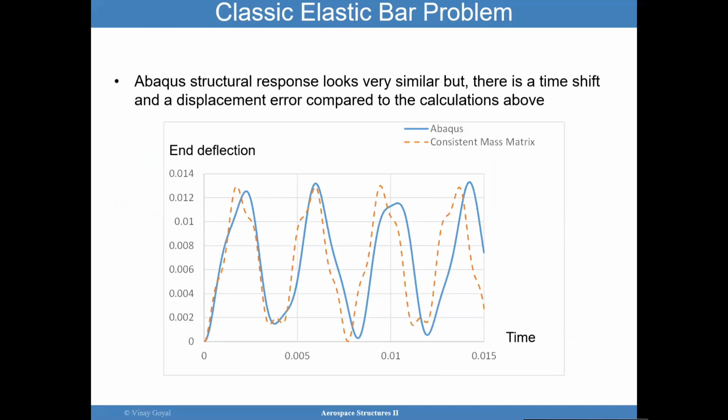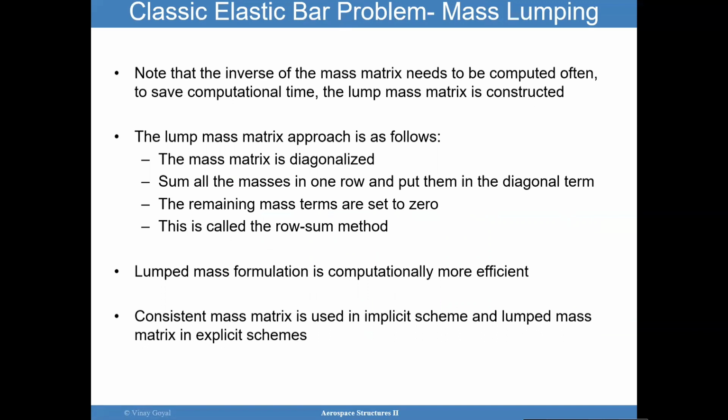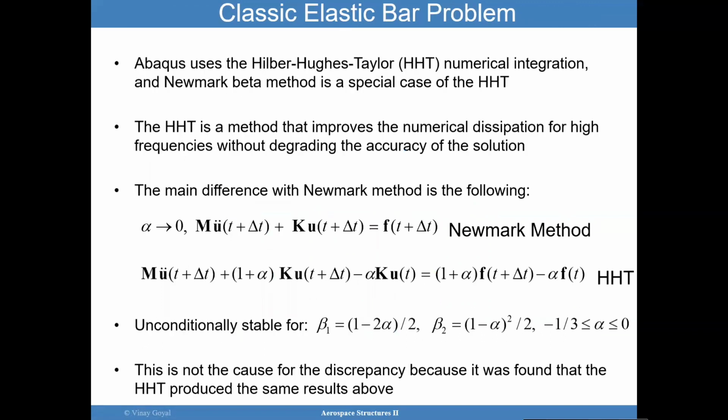So did we make an error? Was our analysis, which was done in Mathematica and is the dashed line, done incorrectly because it does not match the Abaqus solution? Well, it turns out that our analysis is actually more accurate than Abaqus in this instance. I want to explain why that is in a second, but I want to point out something more, which is that Abaqus uses the Hilber-Hughes-Taylor method, HHT, numerical integration.